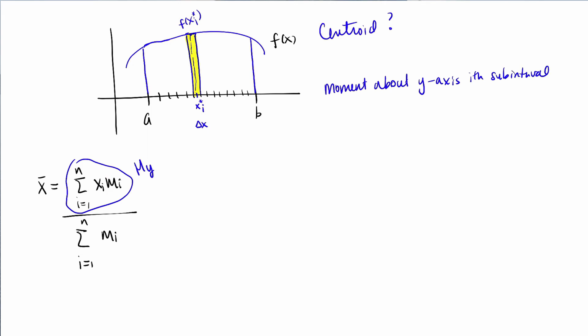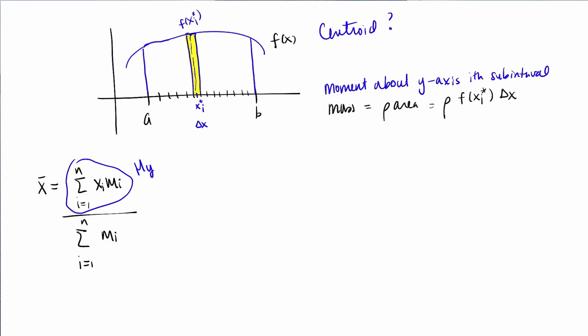It's equal to mass times the xi, okay? Now, what's the mass? We first need to find the mass of that little subinterval. Well, mass is equal to some density rho times area, and the area is equal to, as usual, height, f of xi star, times delta x, okay?